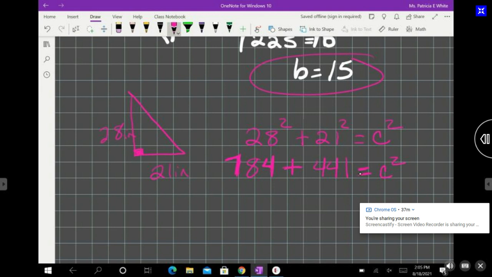Add. You get 1,225. And when I take the square root of 1,225, you get 35.